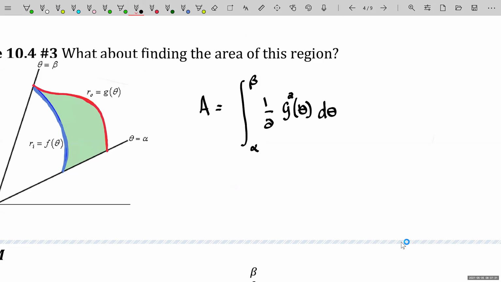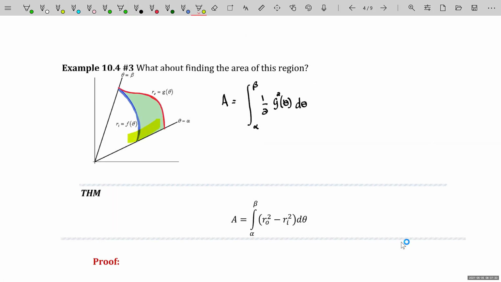So that would give me all of this region right here. But then I want to subtract off the area underneath the function f. So I want to subtract off the integral from alpha to beta of 1/2 f squared of theta d theta. So I want to erase all that.